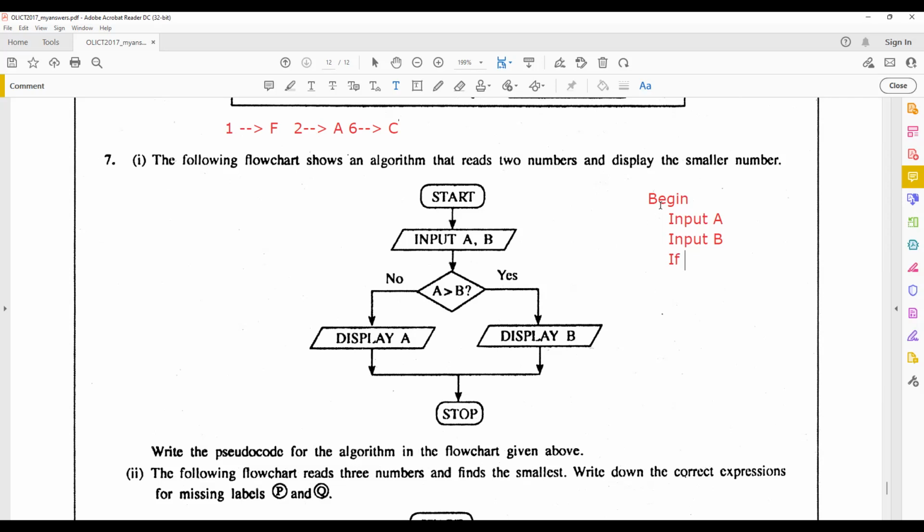We are checking whether A is greater than B. If that is the case, if yes, then we need to display B. Else, we have to display A. Then the finish is end if, and finally end, that's all.